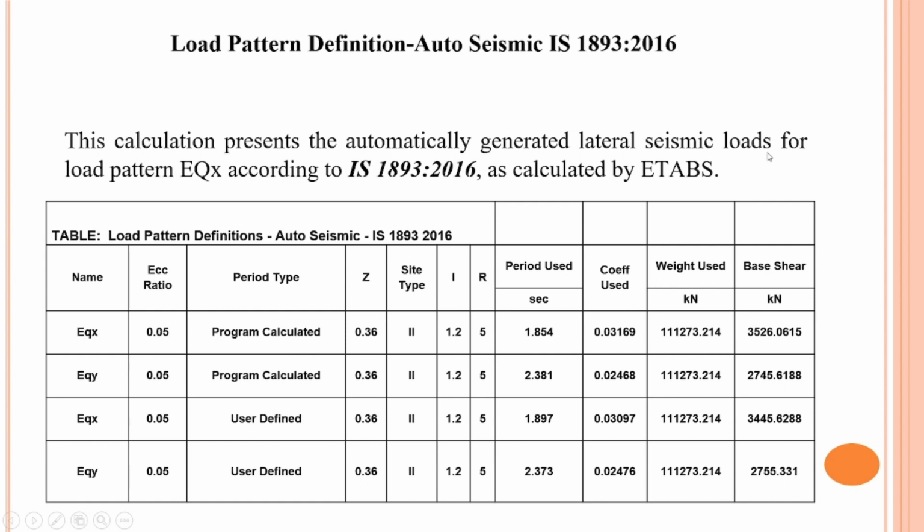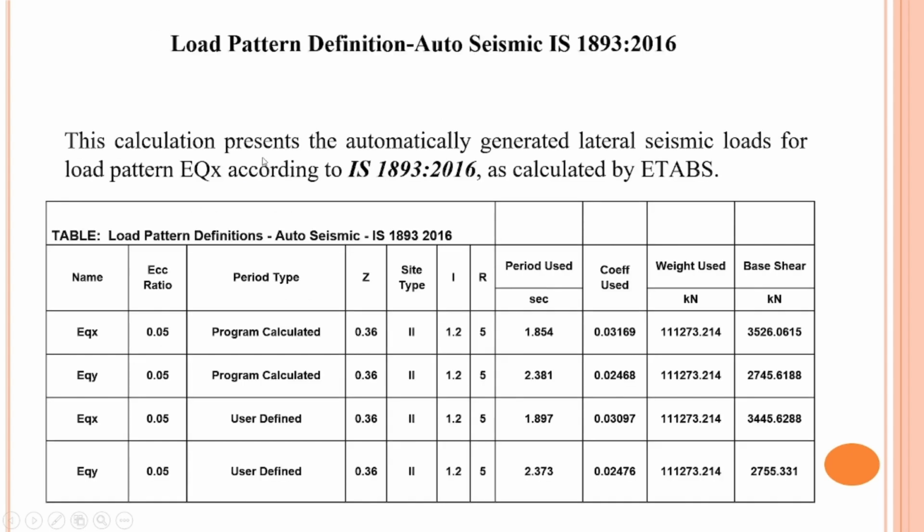This is the automatically generated seismic load EQX calculated by ETABS. This data is taken from ETABS and also matches our own data. They are quite similar. Take the screenshot from ETABS and put it here.